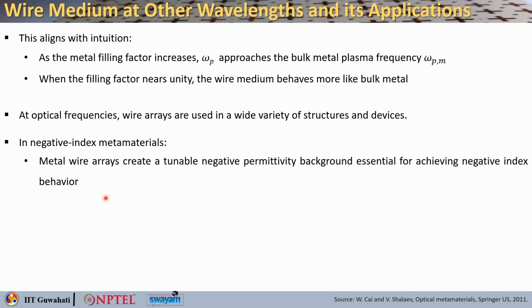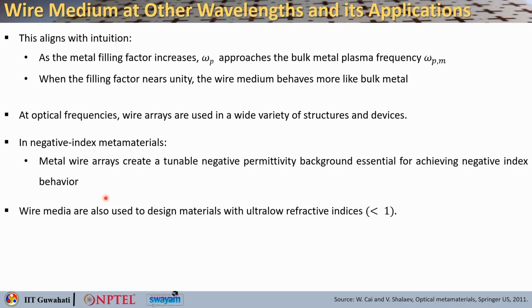You will see that on top of the metallic wire, you have to now bring in another metamaterial design that gives you negative permeability. So, that typically comes from an array of split ring resonators, and when they are combined together, you have negative permittivity and negative permeability happening over the same frequency band, and that is where you get your negative index behavior.